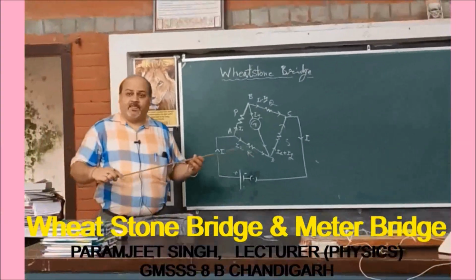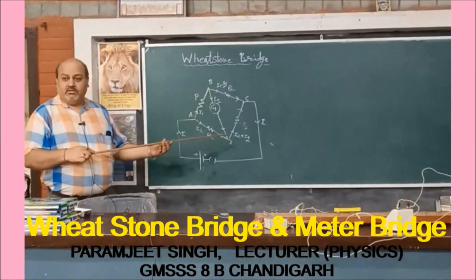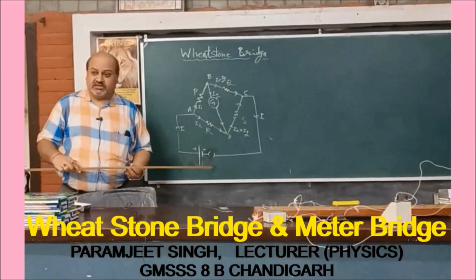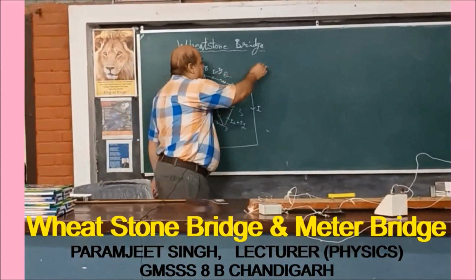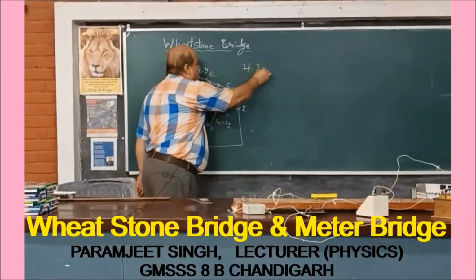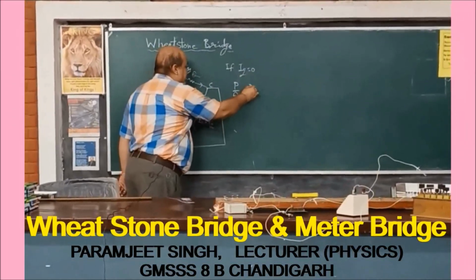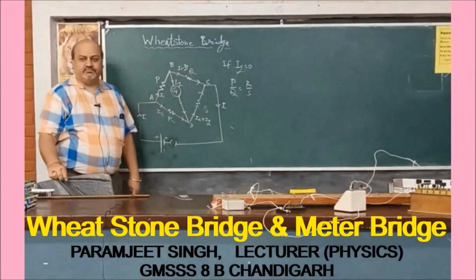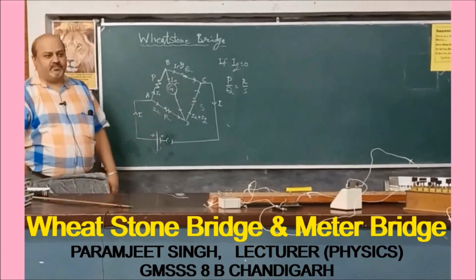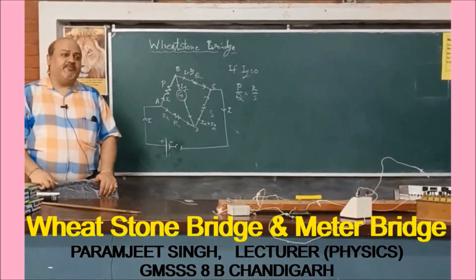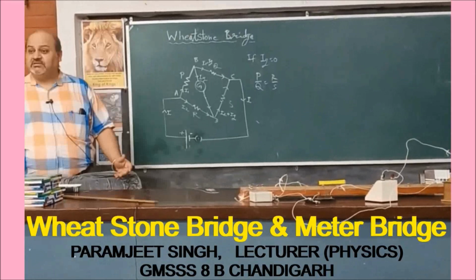According to Wheatstone, if there is no current in the BD branch, this circuit is said to be balanced. If the circuit is balanced, that is, if no current flows in branch BD, then the ratio of the resistances in adjacent sides is equal, that is P over Q equals R over S. Alternately, if you adjust P, Q, R, S in such a way that no current flows, it means the circuit is balanced.